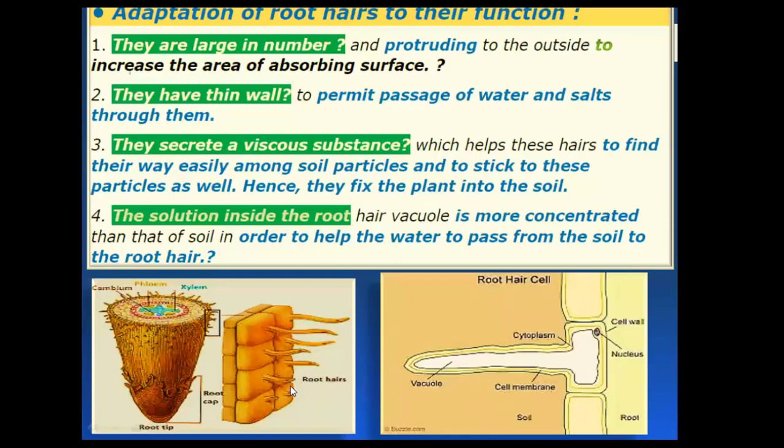Number two, they have a thin wall to permit passage of water and salts through them. Number three, they secrete viscous substances which help these hairs to find their way easily among the soil particles and stick to these particles as well. Hence they fix the plant into the soil.